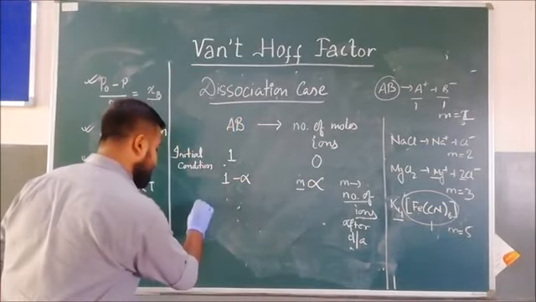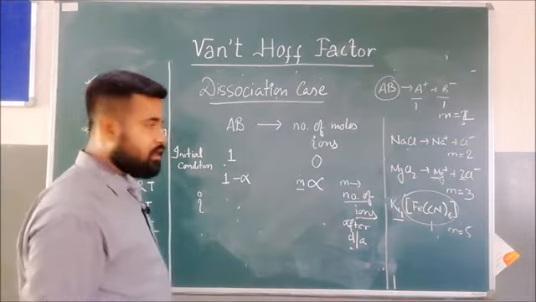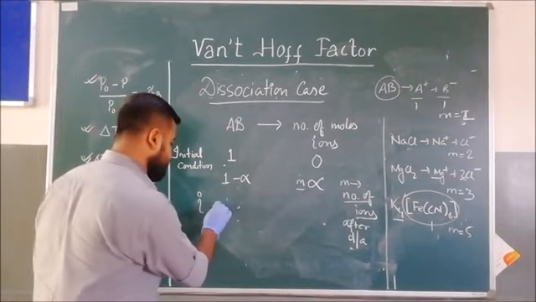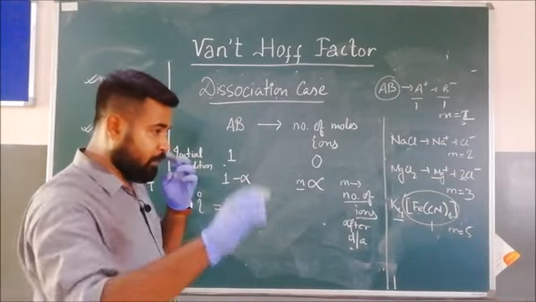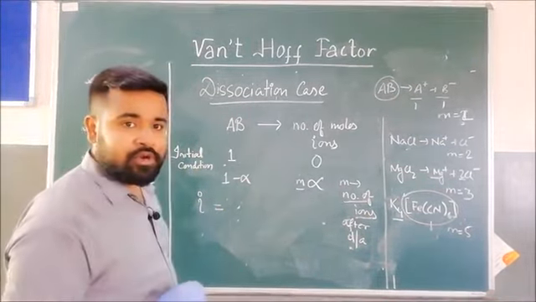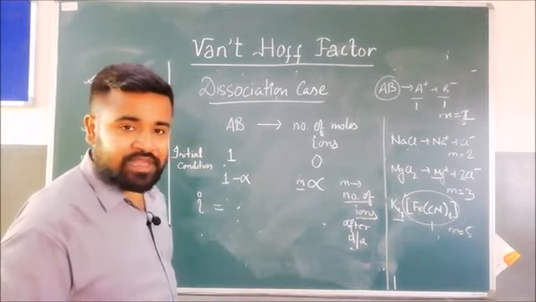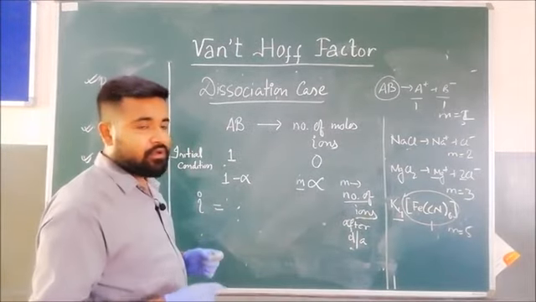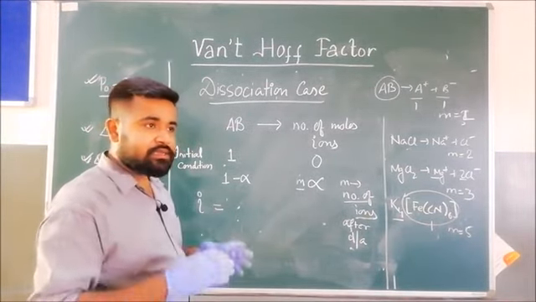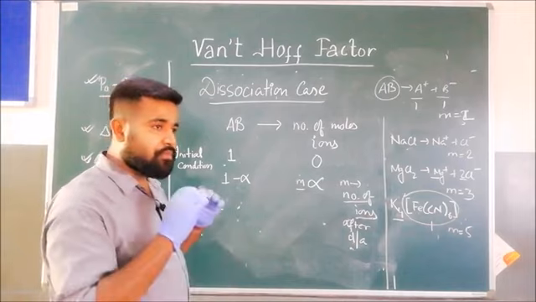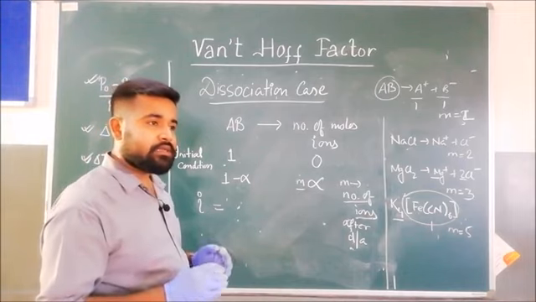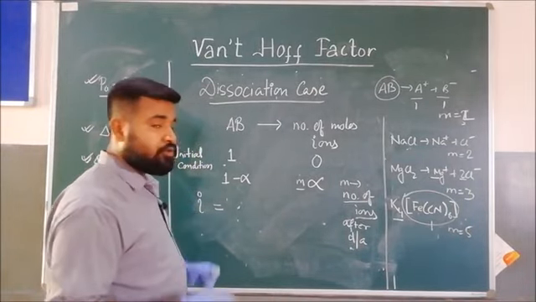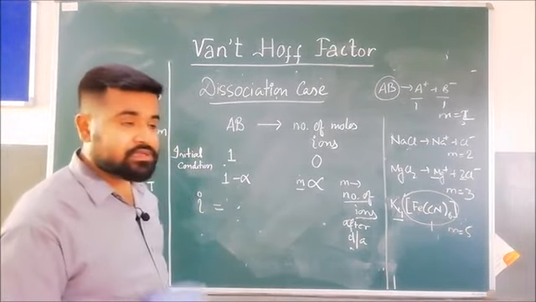Clear? So according to the last formula, i is equal to what? Of the formulas I have told you, normal by abnormal molar mass, observed by calculated colligative property, and in the third, number of moles of particles after dissociation or association by number of particles before dissociation or association.